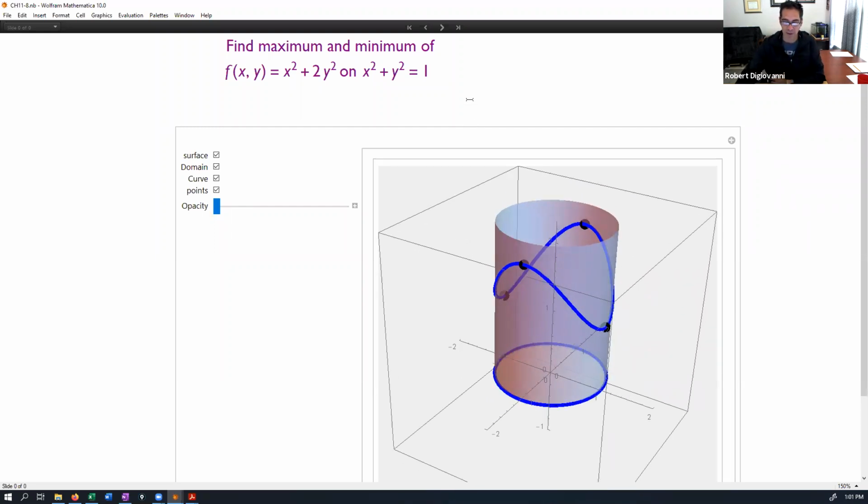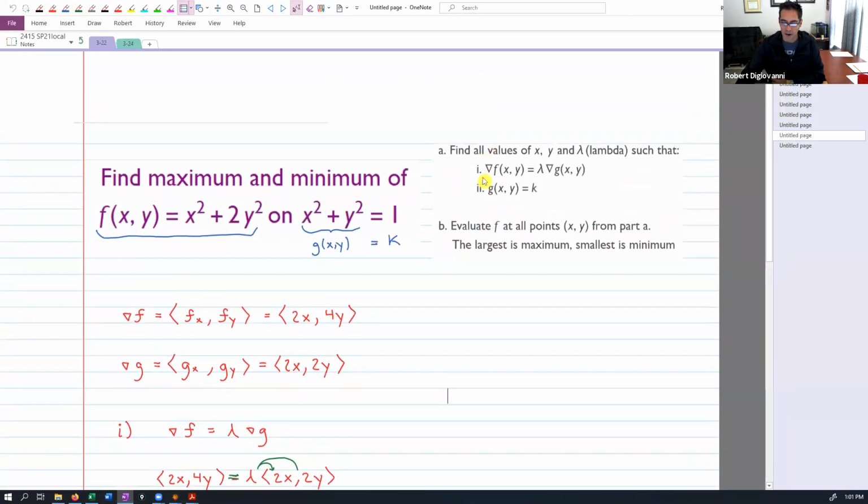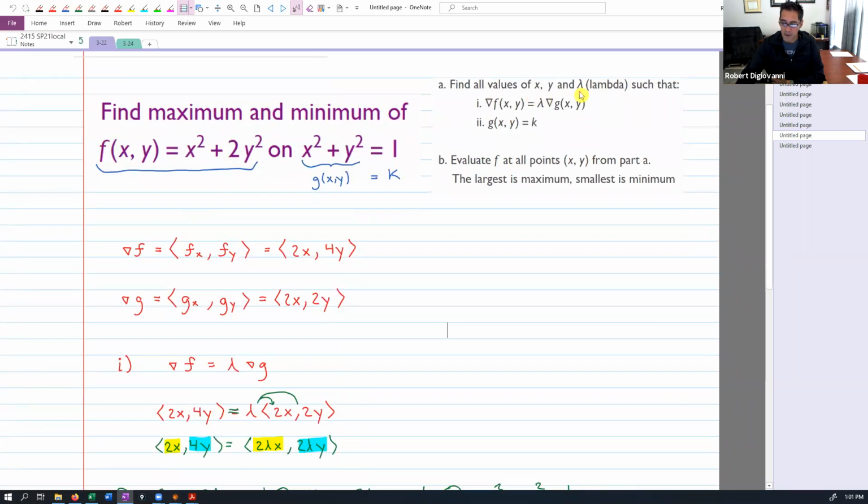To do this, we implemented the method of Lagrange, which is to find all values of x, y, and lambda such that the gradient of f is equal to lambda, which is just a number, times the gradient of g. Basically, we're trying to figure out what x's, y's, and lambdas make the gradient vector of f equal to a scalar multiple of the gradient vector of g.